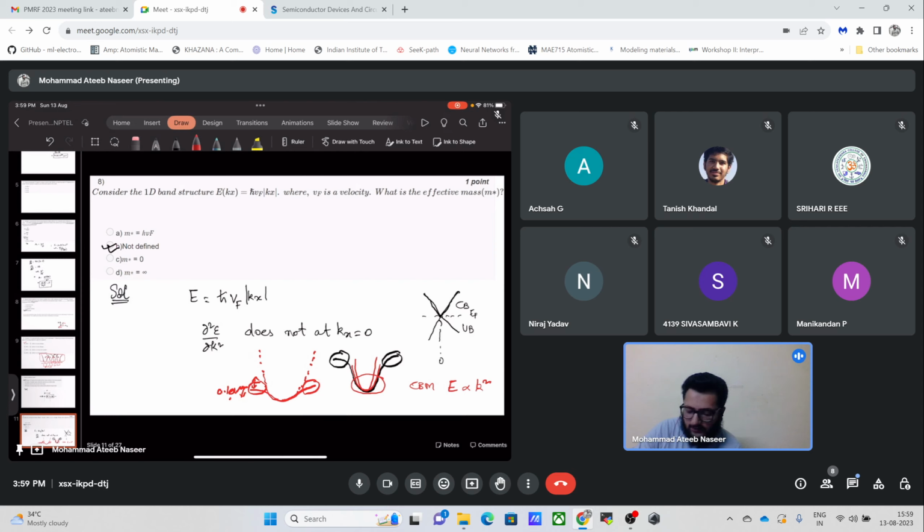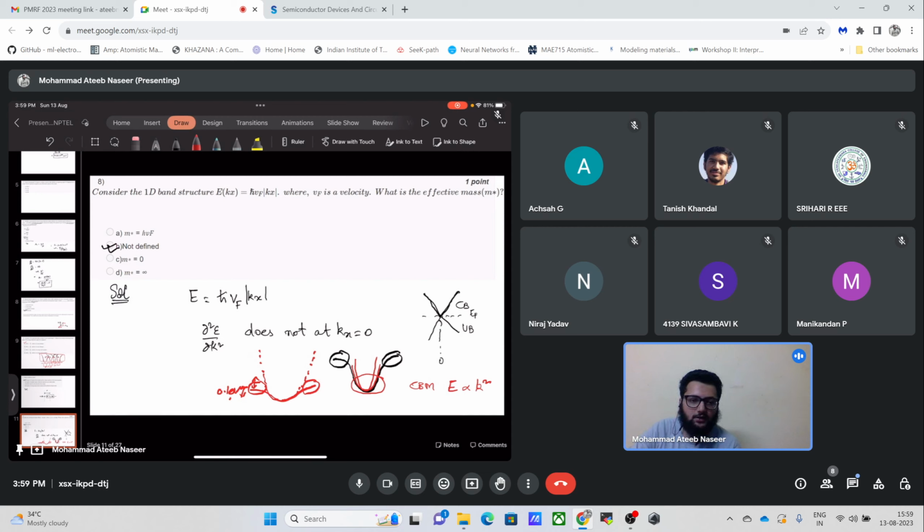And this linear dispersion, although it might not have an effective mass defined for itself, since it is a band structure, it would have all the information that's required for a particular transport calculation or device characteristic calculation. So this parabolic approximation was just a tool that we are not able to use on this linear kind of a thing.